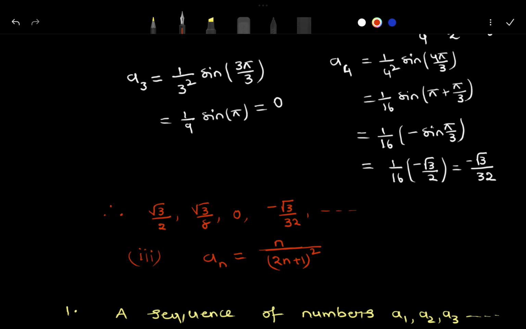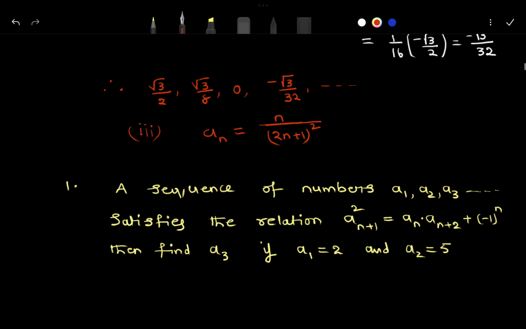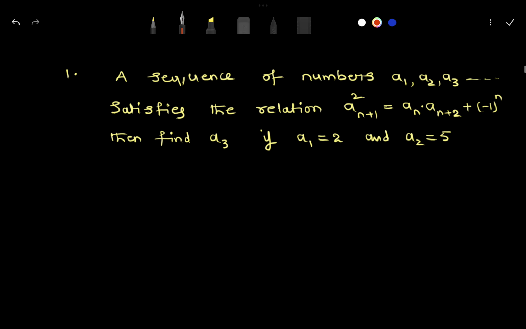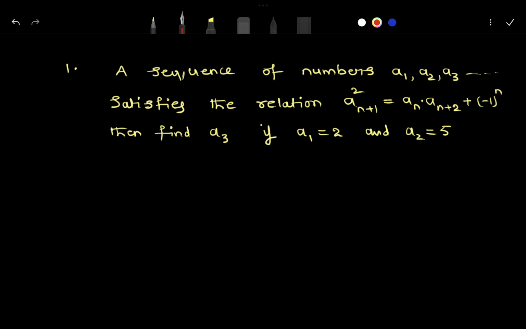Now the next one is that you see a sequence of numbers a1, a2, a3 and so on satisfies the relation a(n plus 1) whole square is equal to an into a(n plus 2) plus minus 1 whole to the power of n.